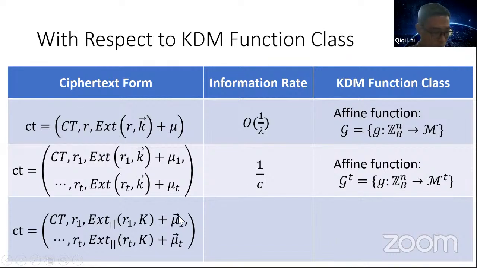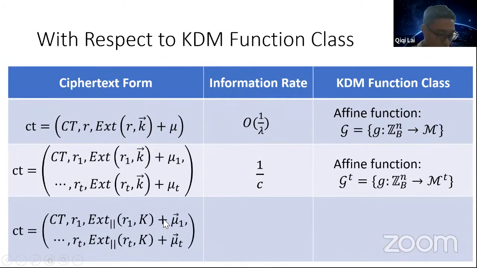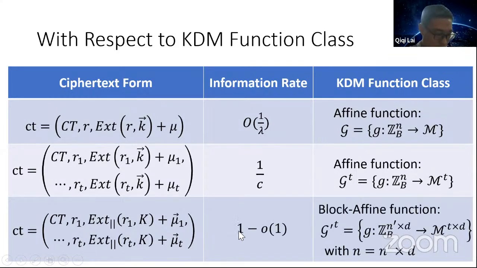Our second step is to replace the original source with one in the block source setting. In this case, the information rate is optimal, and the KDM challenge function class is block source affine functions.